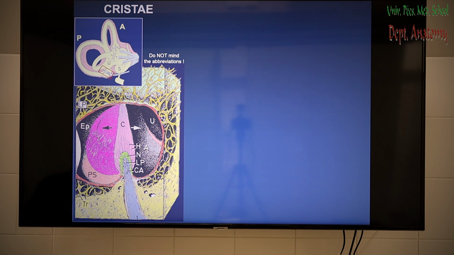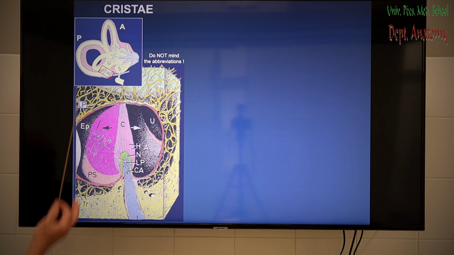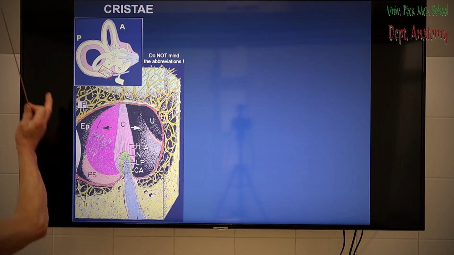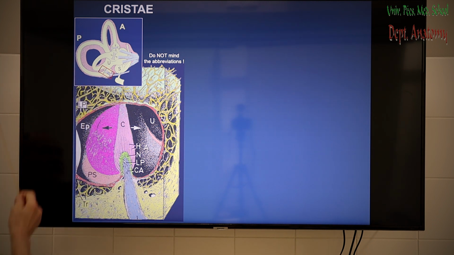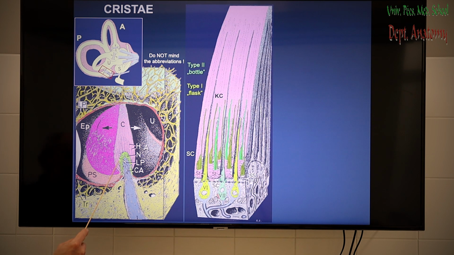So these organs, the cristae, as the name suggests, are elevations located halfway around on one side of the duct and protruding towards the opposite side. And these elevations contain the receptor cells.